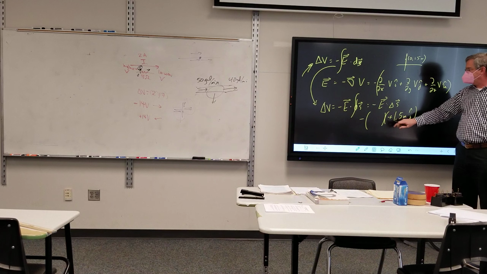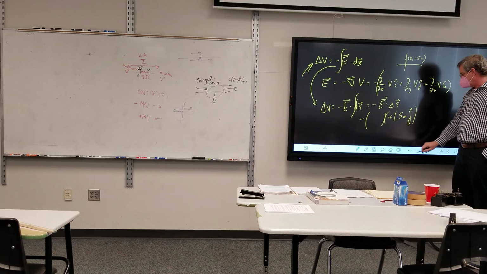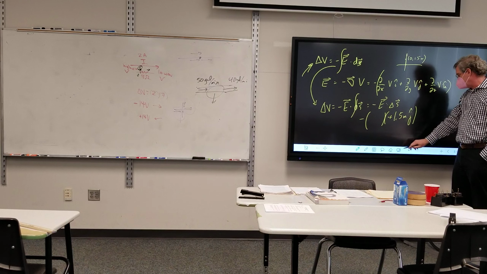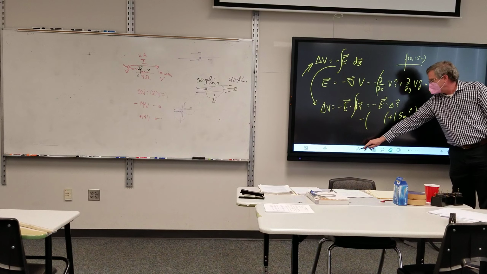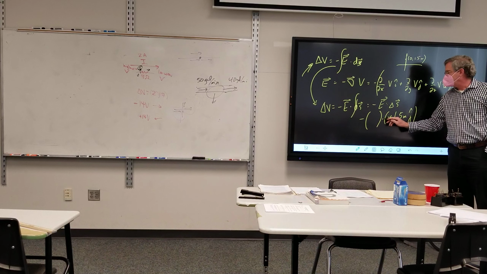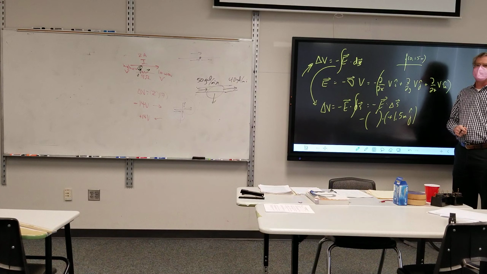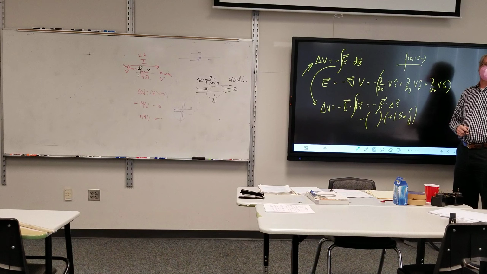Oops, that was sloppy notation there. Let's change that a little bit. When you're doing dot products, the j hat component of the electric field would cancel out because it's j hat?